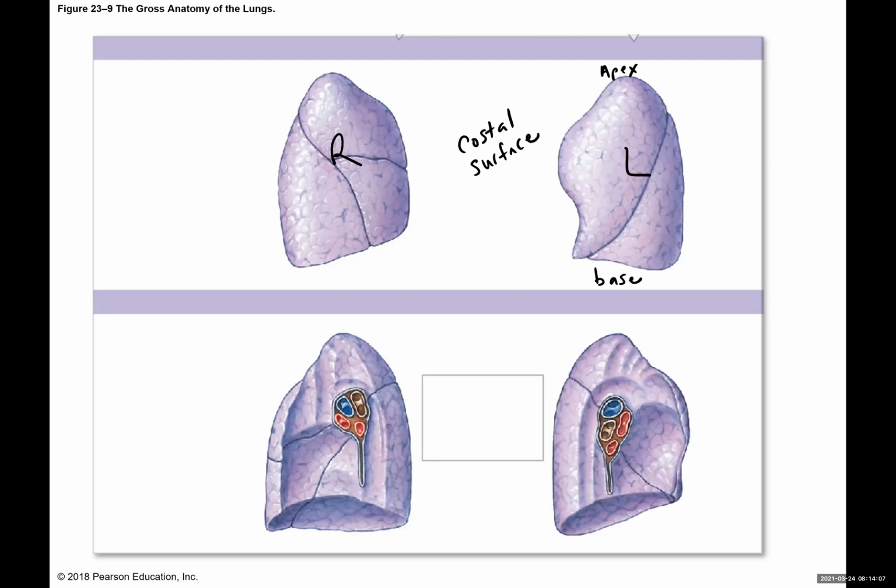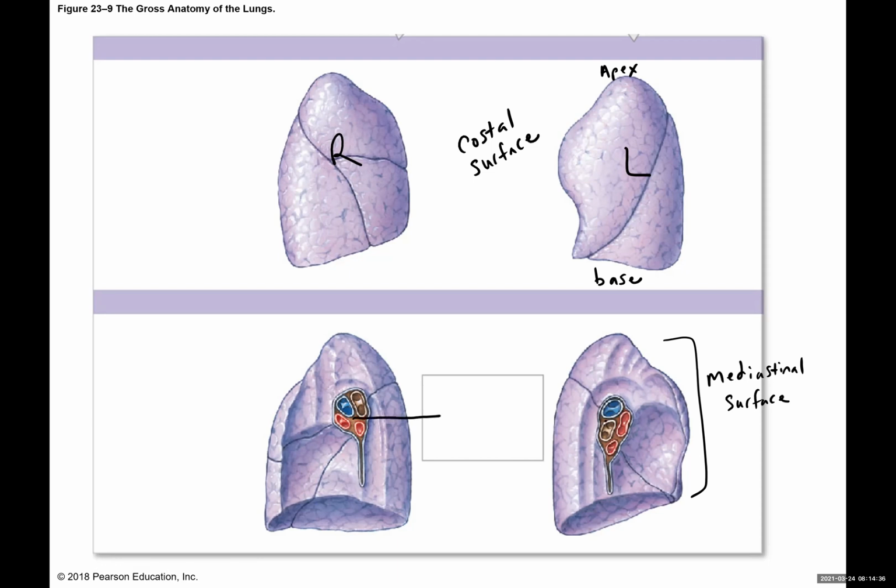As we look at this top image here, you're looking at the costal surface, where costal is referring to rib. And as we look at this view here, we're looking at the mediastinal surface, where the mediastinum is that area between your lungs that's containing the heart and trachea and the esophagus. So you can see here we have all these indentations and grooves making room for the other structures that are in the thoracic cavity.